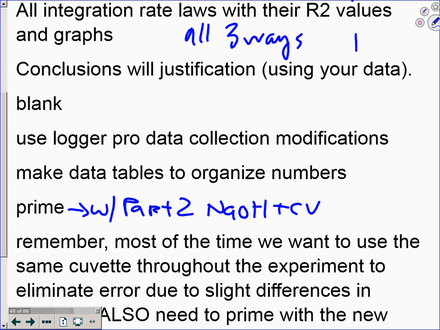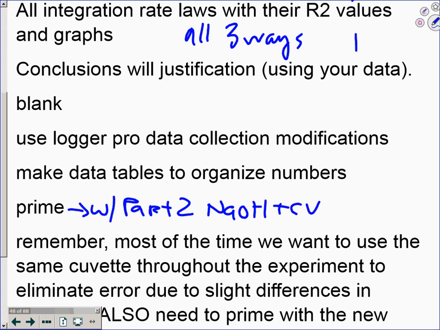Let's just take a stab at it. 5 milliliters of CV and 5 milliliters of NaOH. Okay, so you want to do a half split. You could do 1 milliliter of CV and 9 milliliters of NaOH. You could do a variation of that.